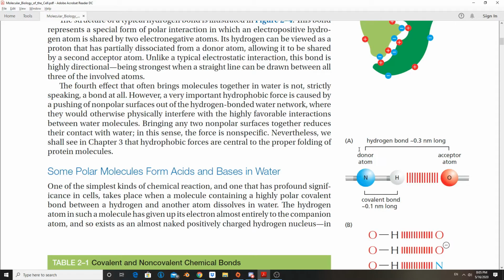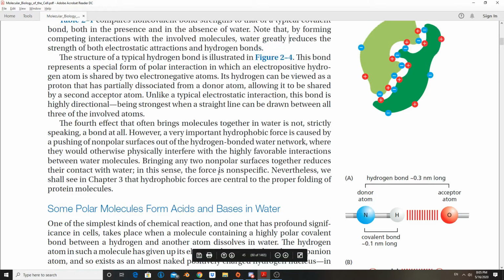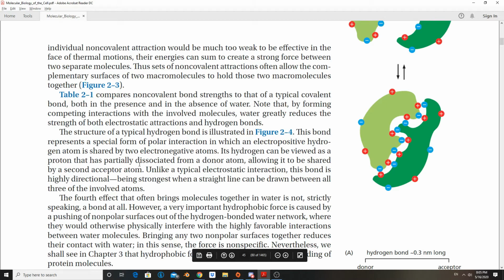You have to have hydrogen for a hydrogen bond. If it's not hydrogen attached to a highly electronegative atom, it's just dipole-dipole. So anyway, hydrogen is attached to a highly electronegative atom, and the positive end moves towards the negative end to form a hydrogen bond. So that's what a hydrogen bond is.